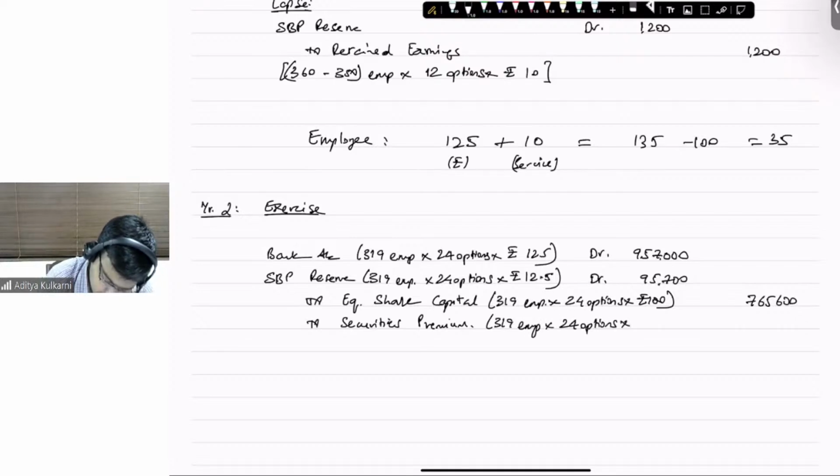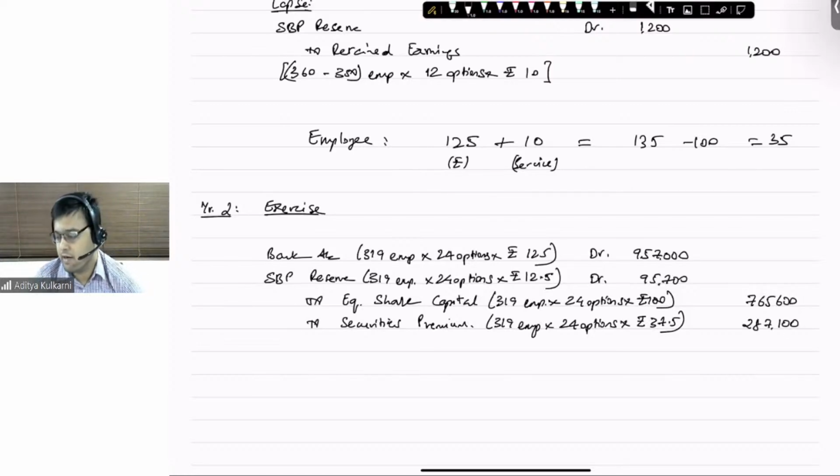What will be my securities premium? 37.5. So 319 into 24 into 37.5: 2,87,100.